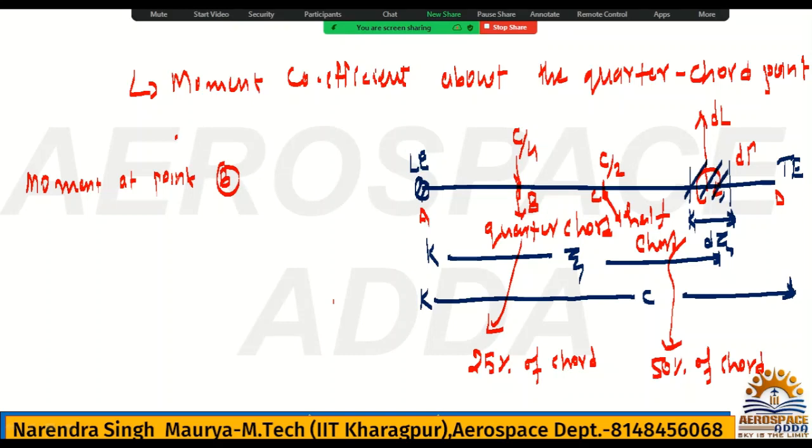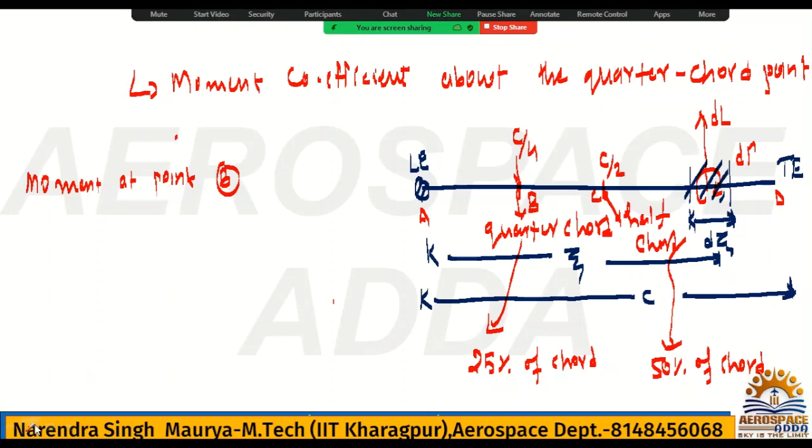Because if you go at that point, two moments already, one moment you have calculated at leading edge, and because of this force also you again go for point B. Don't do that. Not required actually. You just use the concept only and directly go for the quarter chord. How to get it for the quarter chord? So simple. I'll write now.